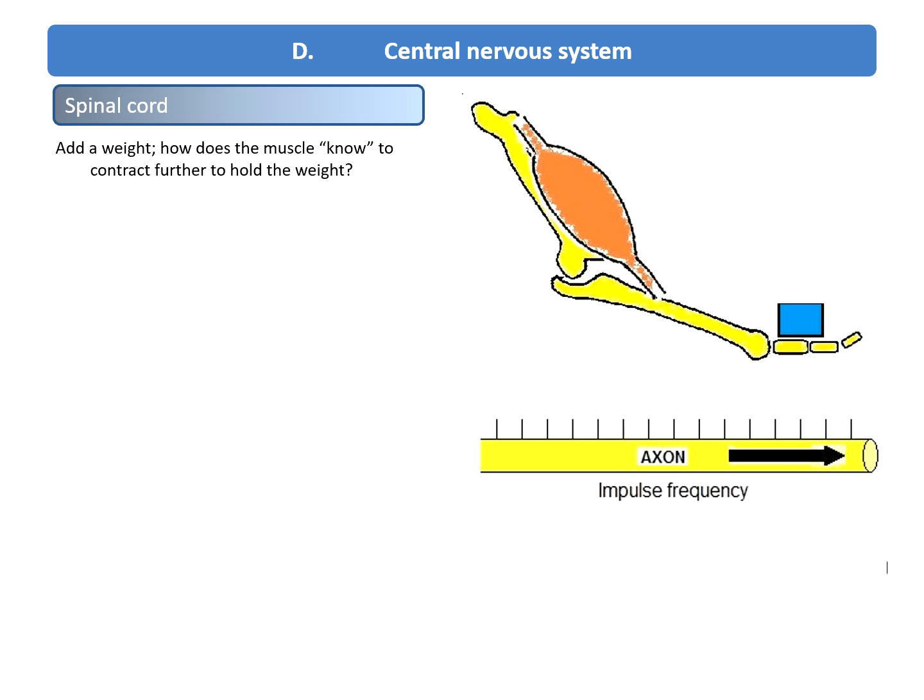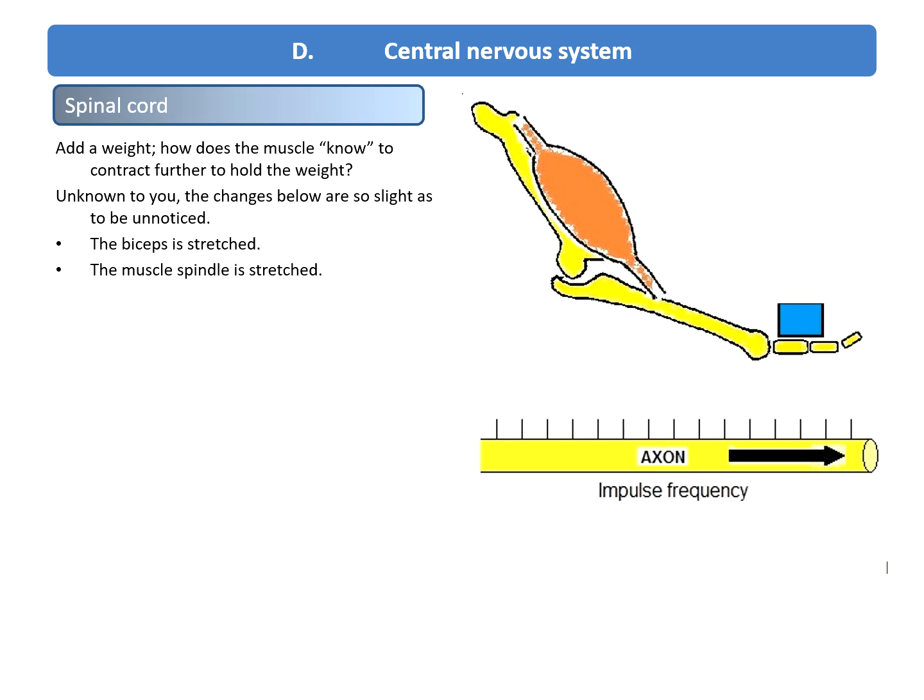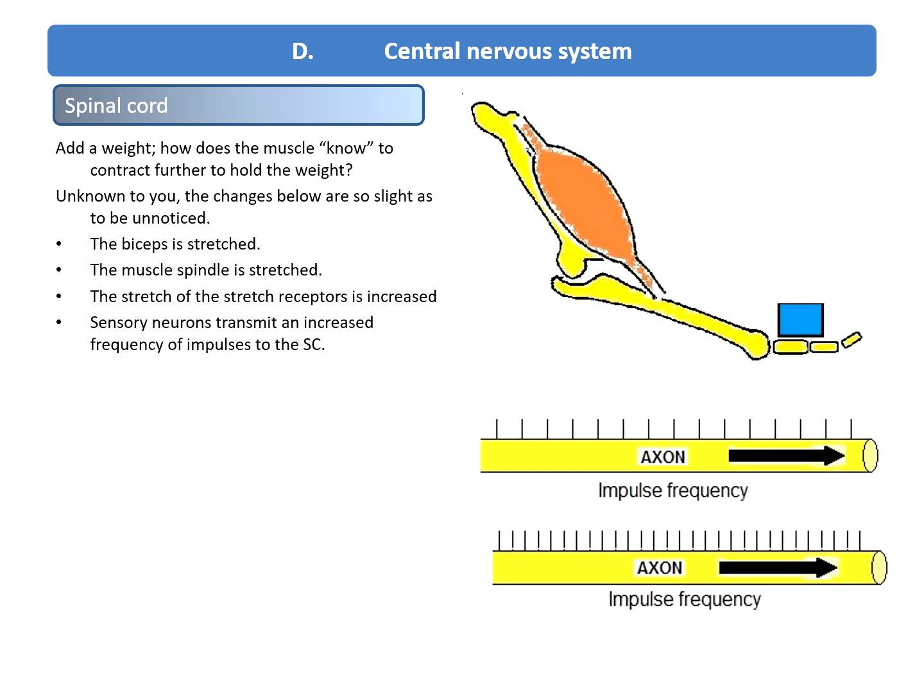Add a weight. How does the muscle know to contract further to hold the weight? Unknown to you, the changes below are so slight as to be unnoticed. The biceps is stretched, the muscle spindle is stretched, the stretch of the stretch receptor is increased. The sensory neurons transmit an increased frequency of impulses to the spinal cord.